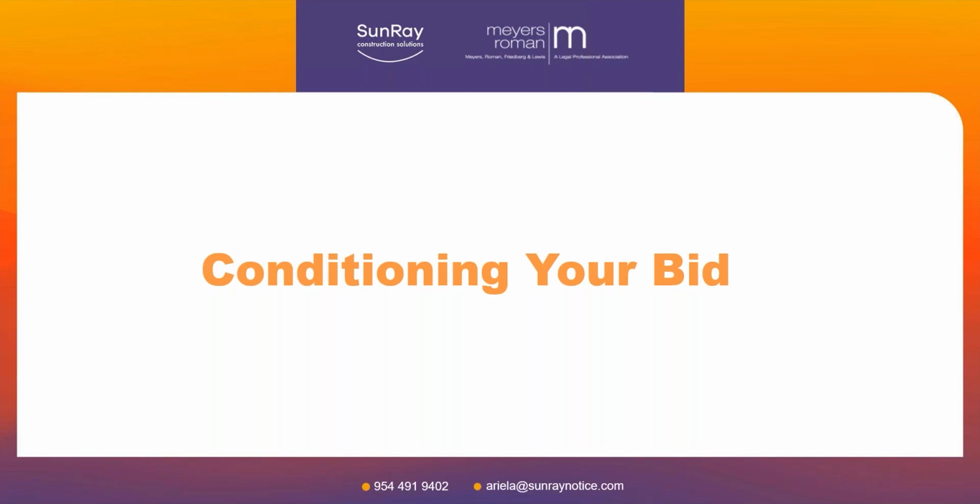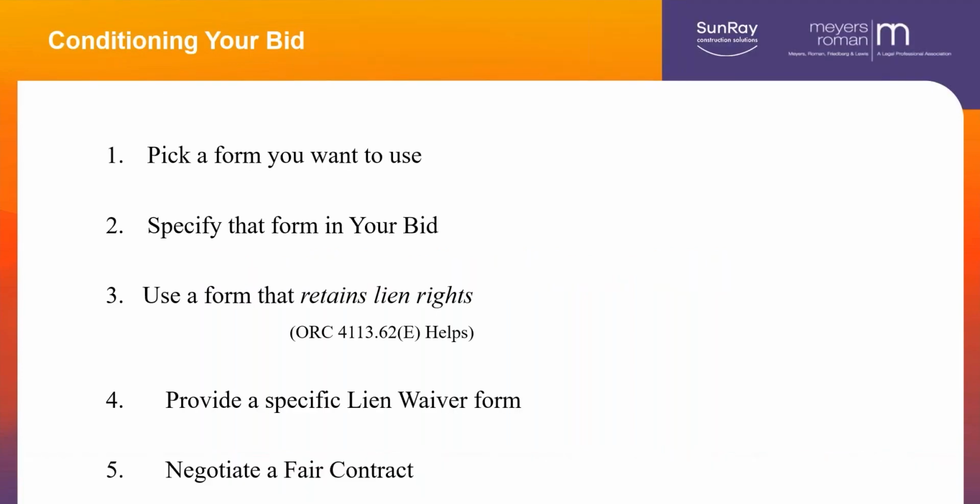So to get this moving, you have to condition your bid. Before you have a contract, you had to bid for the project. And when you're conditioning your bid, what you want to do is pick a form that you want to use. Maybe you like ConsensusDocs. Maybe you like AIA docs. Maybe you have your own form. You can pick a form.